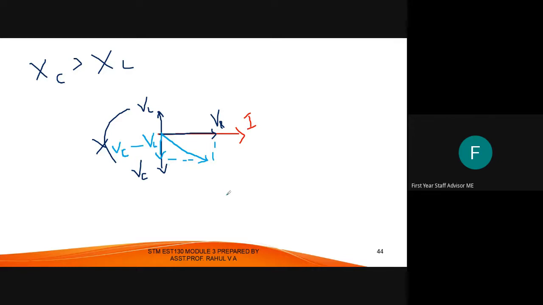So I can finally write V, that is the resultant vector, is equal to VR minus VC plus VL.